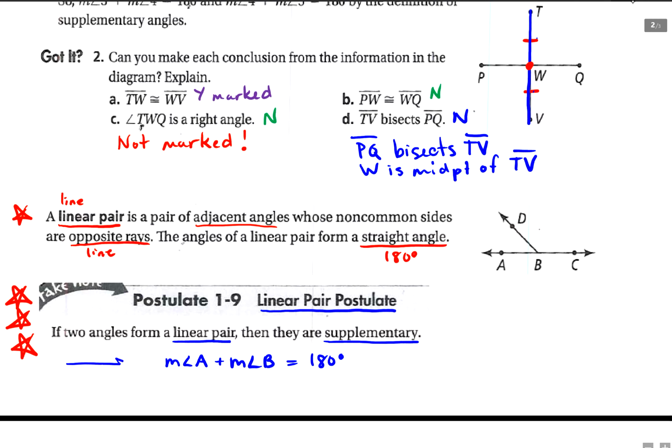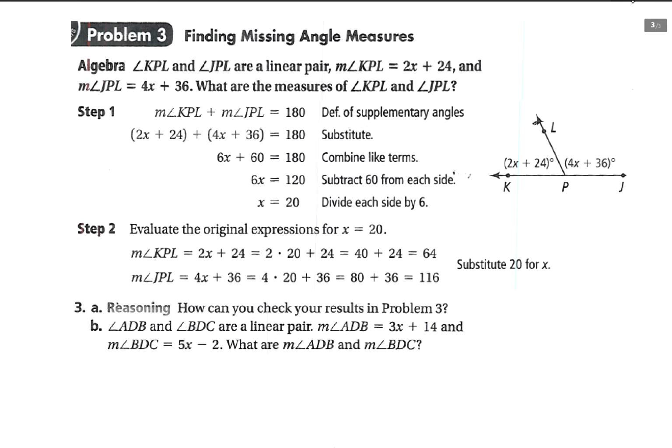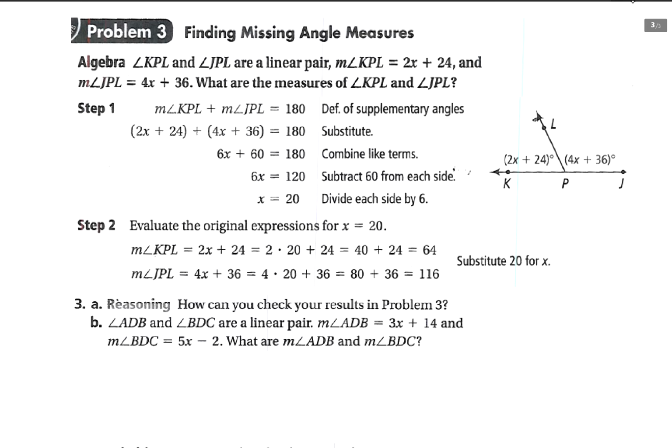So if we have a linear pair, and this is a line, so we know that it measures 180 degrees, then we can add their measures together to equal 180 degrees. This is hugely useful to us. All right. Examples. We do enjoy examples.